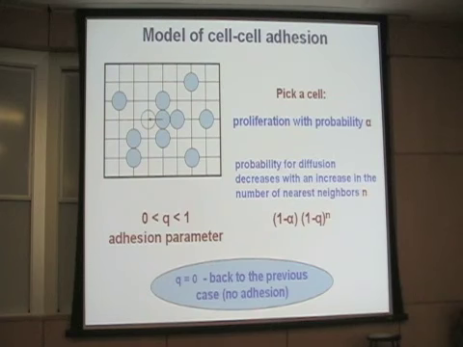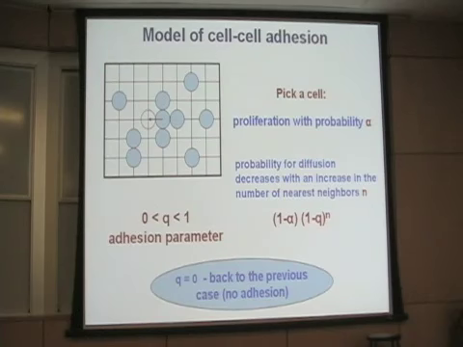So, to model this, I introduce an adhesion parameter q, and I say that the probability for proliferation is alpha, and the probability for diffusion is 1 minus alpha as before, times (1 minus q) to the power n, where n is the number of nearest neighbors.